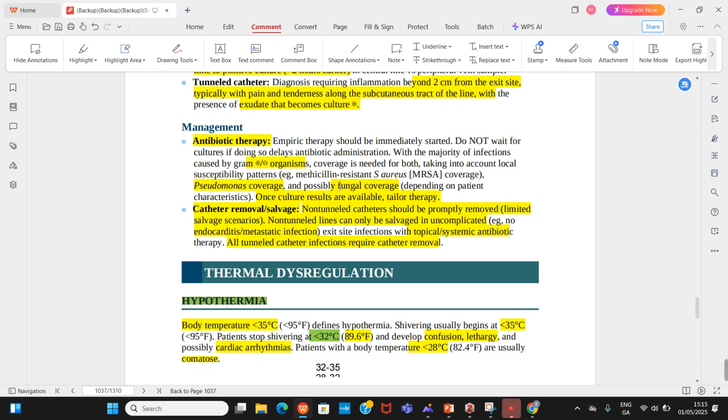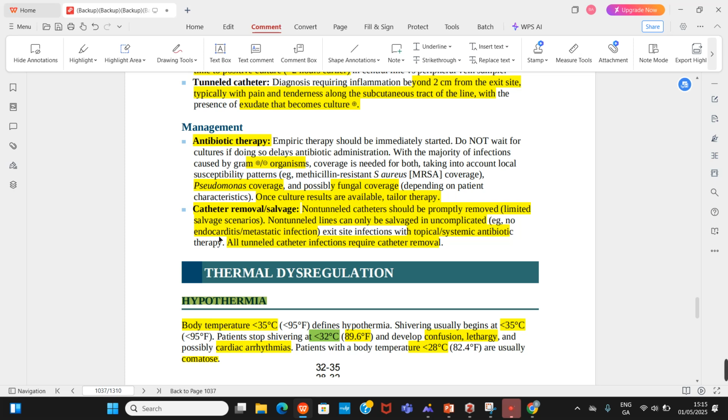There are some conditions that necessitate removal of the catheter. You cannot salvage it. You need to take it out. Most of the time you can salvage the non-tunneled ones, the ones that are outside, provided that you give the person very superb antibiotic cover and there is no evidence of infective endocarditis.